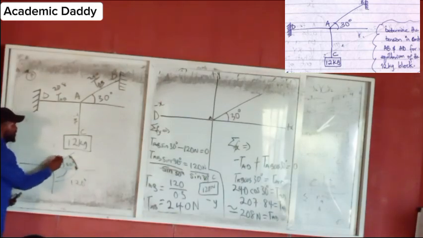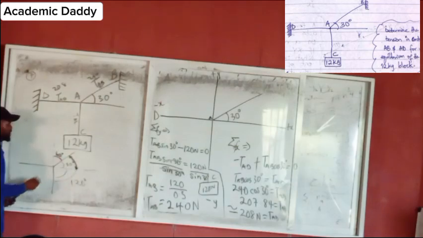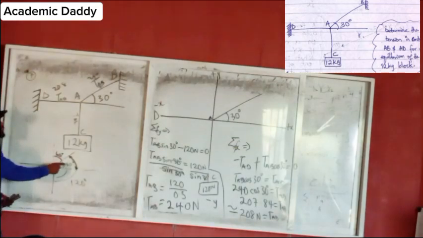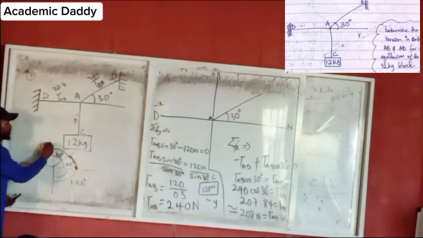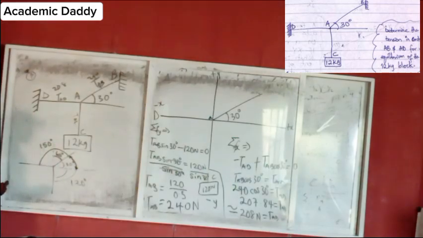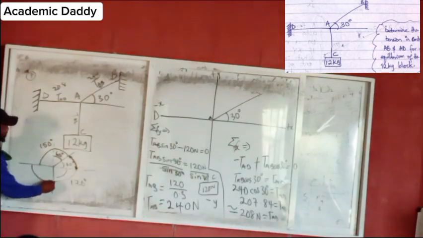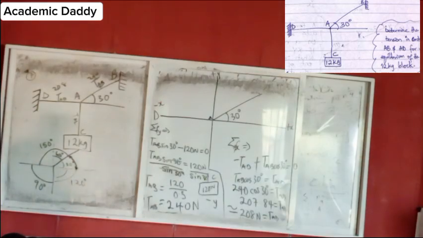What is remaining here? 60 degrees, right? If this is 60 degrees, and this one is 90, so 90 plus 60 degrees, what will everything be? 150 degrees, is it true? Okay, so what is remaining here? 90 degrees, is it true? Okay, I just want us to check something.